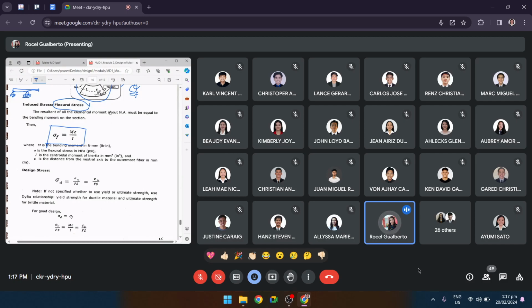In design, this is what you will do. You simply equate the design stress to the induced stress of the material. So this is the design stress sigma D equal to the flexural stress. Look that we make use here of sigma since the induced stress is in form of sigma. Wag po natin paglalahukin.